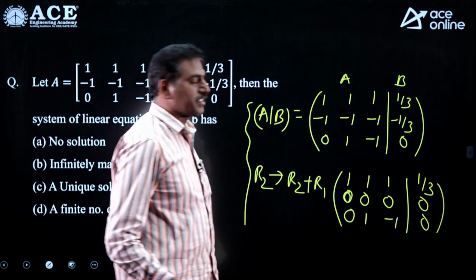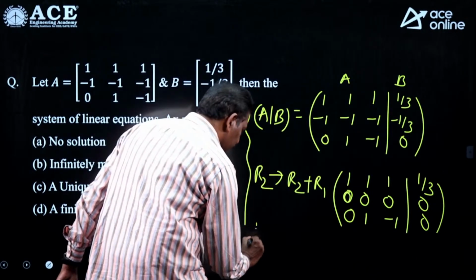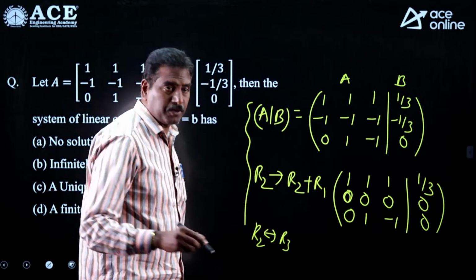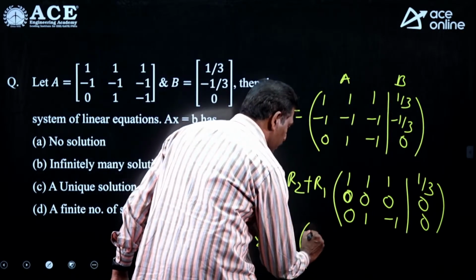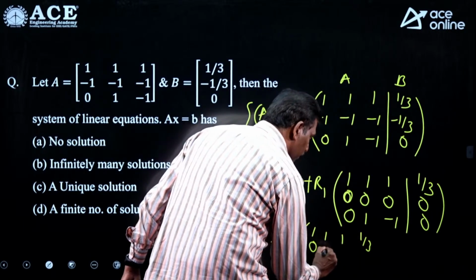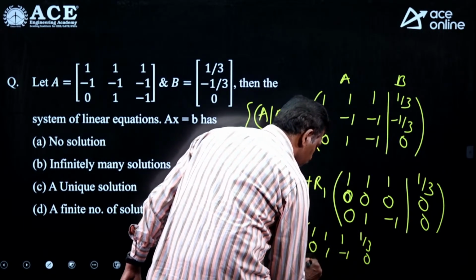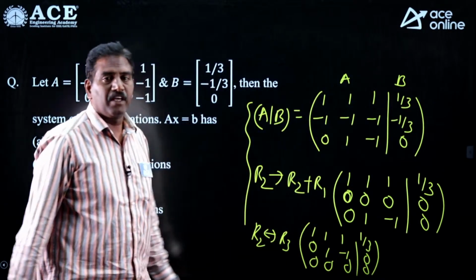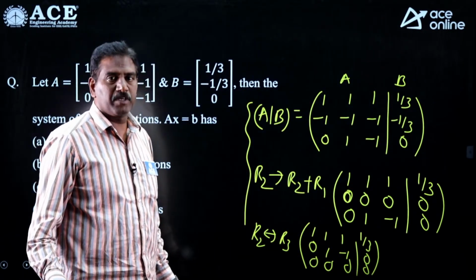Just interchange the second and third rows, R2 and R3. If you interchange R2 and R3: 1, 1, 1, 1 by 3; 0, 1, minus 1, 0; 0, 0, 0, 0. What is the rank of A? Rank of A is 2 and rank of AB is also 2.